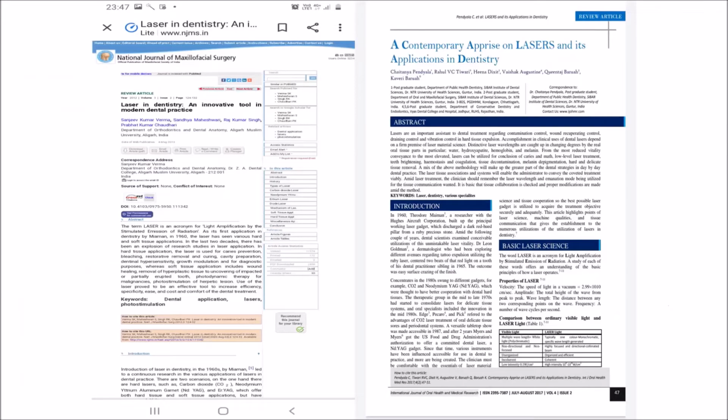So many articles in the last few years, especially during the pandemic, have thrown a very great insight into understanding lasers, and how they can be a very innovative tool in the modern dental practice, and what the different applications of lasers in dentistry are.